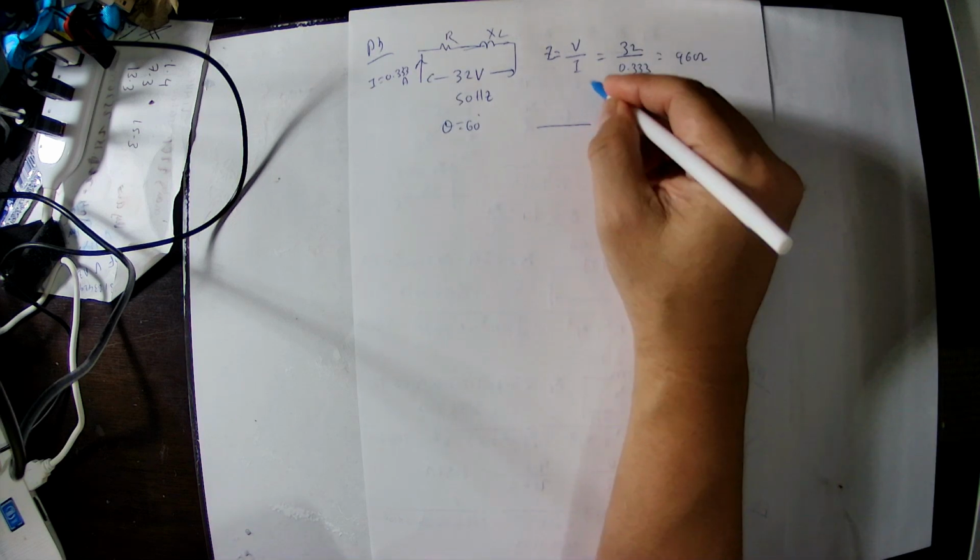Impedance is 96 ohm. Then we draw the impedance diagram.